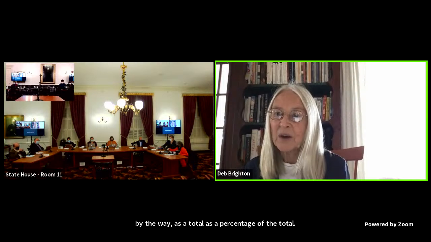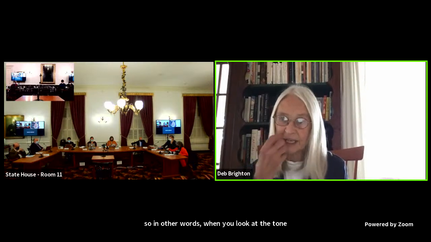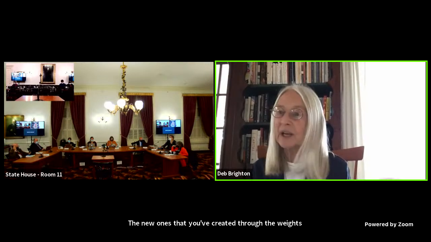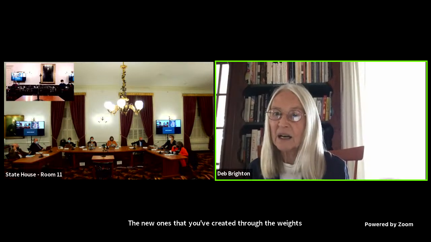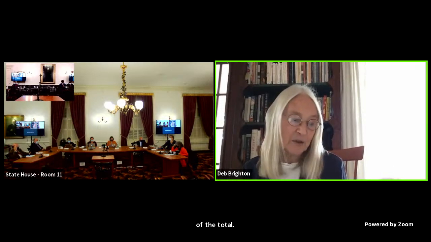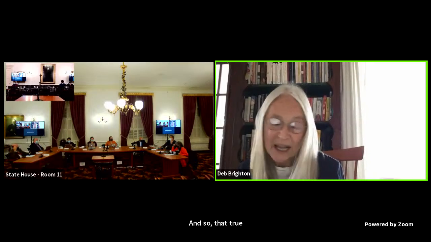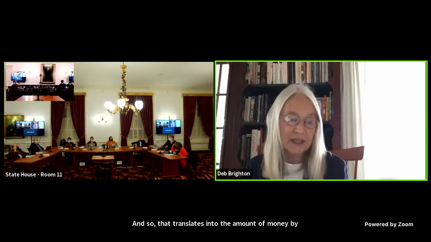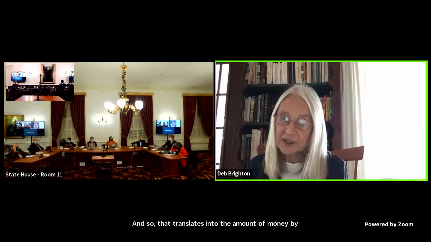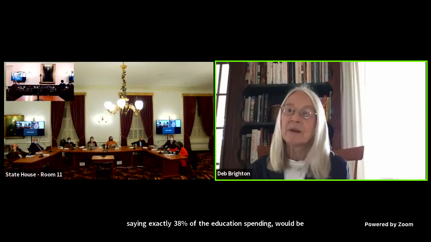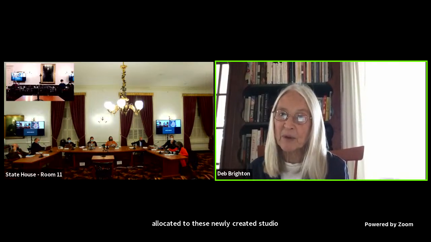So in other words, when you look at the total long-term weighted ADMs, the new ones that you've created through the weights are 38% of the total. And so that translates into the amount of money by saying exactly 38% of the education spending would be allocated to these newly created students that are created by the weights.